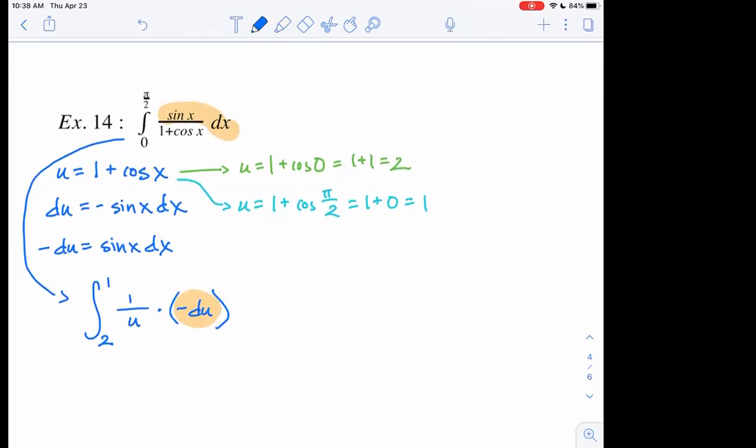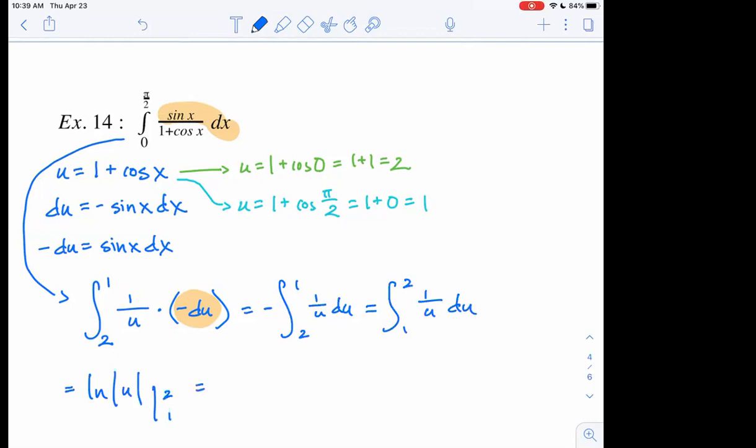Now I can go ahead and pull that negative out to the front. And then I can also do that switch my bounds and make it positive trick. So 1 to 2, 1 over u du. And that will give me natural log of u. I'm going to go ahead and put it in absolute value bars, and then 2 and 1.